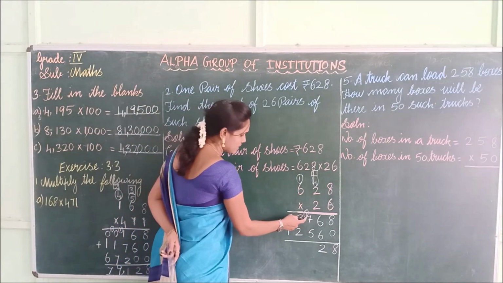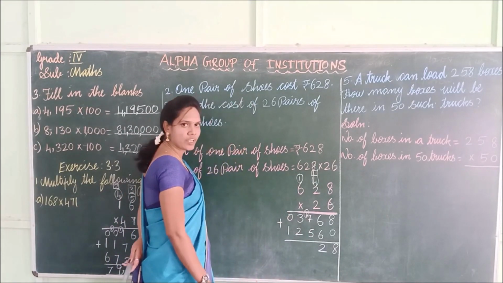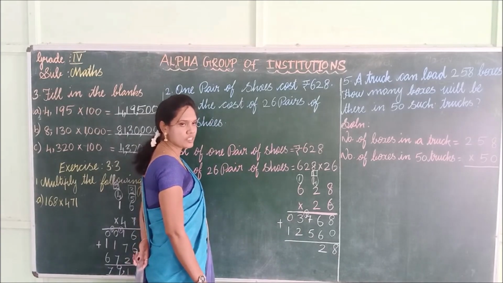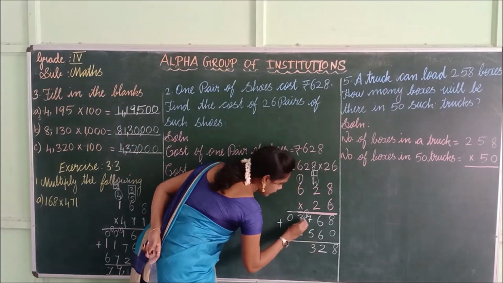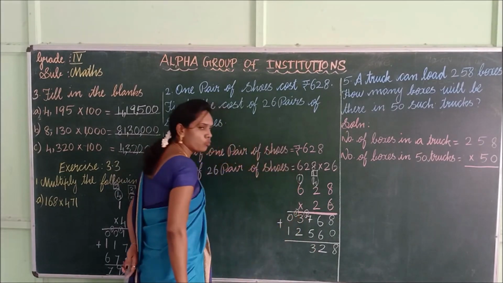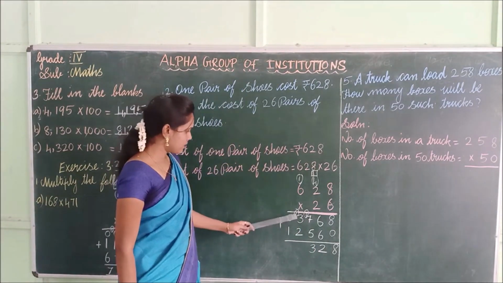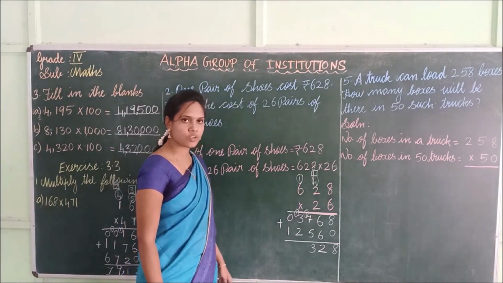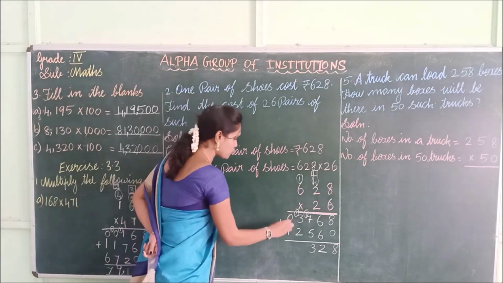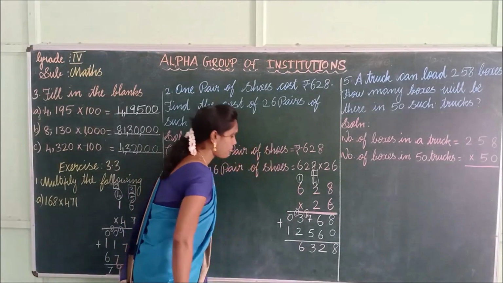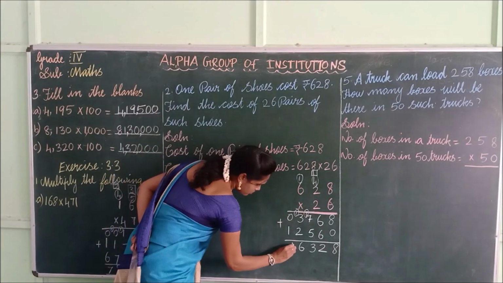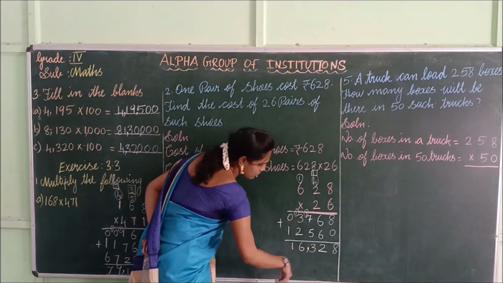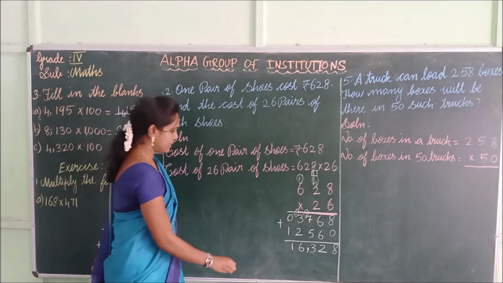Next, 7 plus 5 is 12. 12 plus 1, 13. 3 and remainder 1. Next, 3 plus 2 is 5. 5 plus 1, 6. Last, 0 plus 1, 1. So you can put a comma.